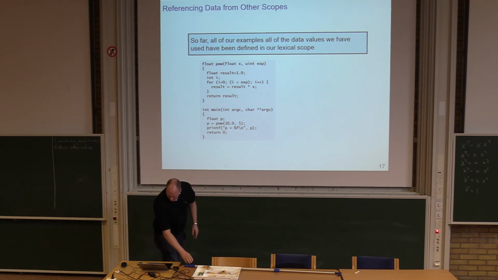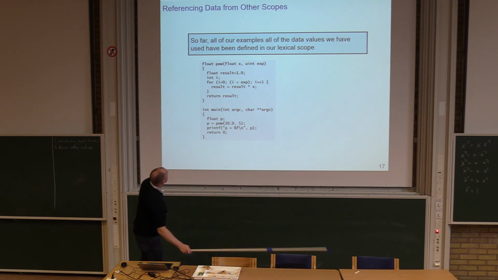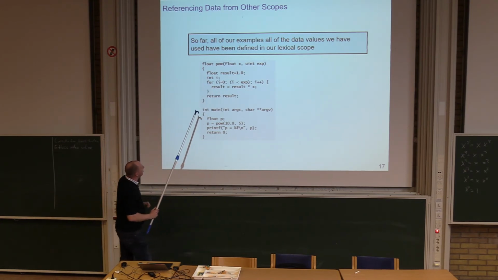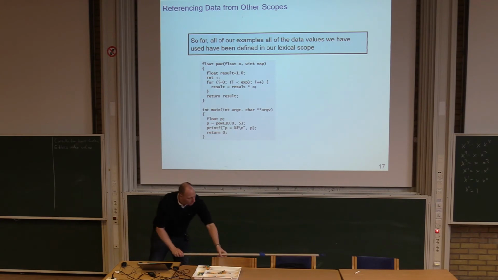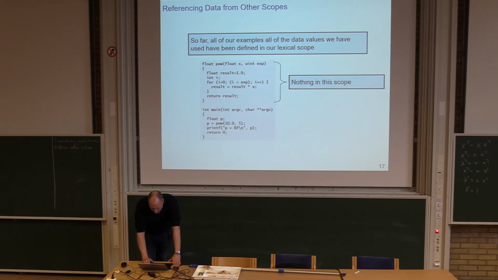So what we saw now is that all of the variables that we have declared here are defined inside the scope. And last time we started to talk about addresses to memory as well.